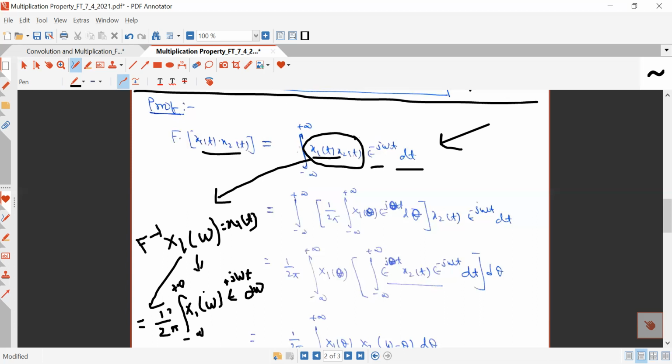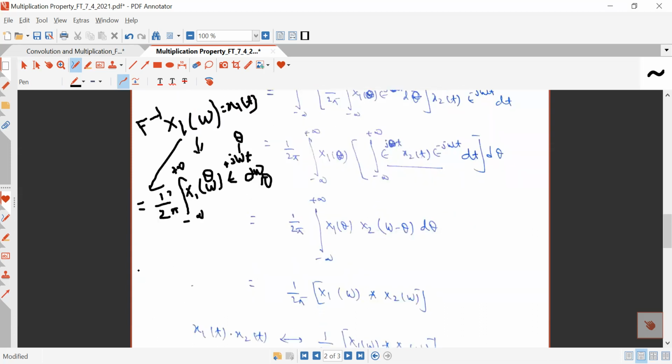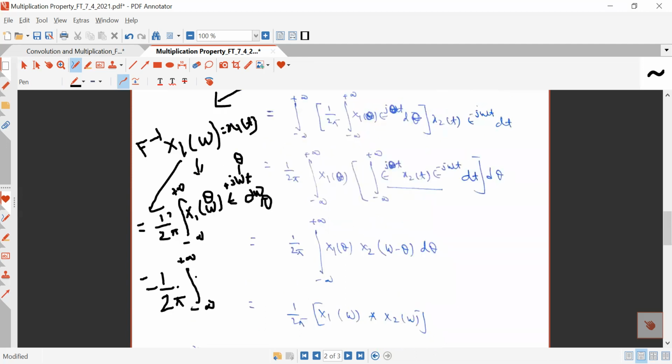Or in place of omega, you can write theta. In terms of theta, this will be equal to 1 by 2 pi integral from minus infinity to plus infinity of X1 theta e to the power j theta t d theta.